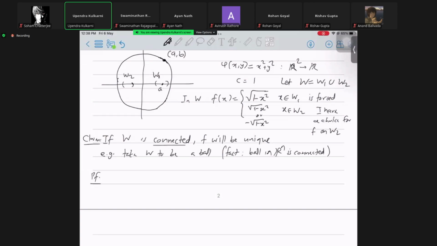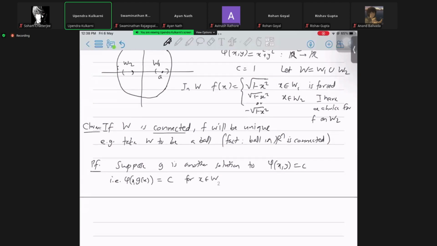And the proof of this is the following. Suppose G is another solution to phi(x, g(x)) equals c for x in W. Then you do the following. This is a standard kind of thing.